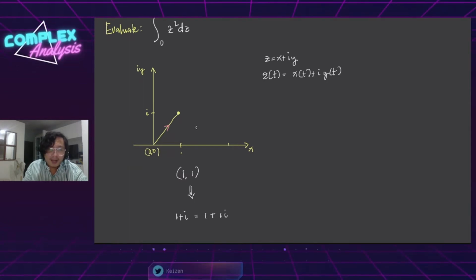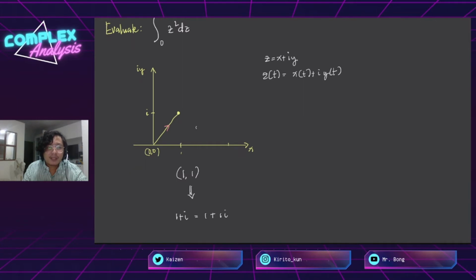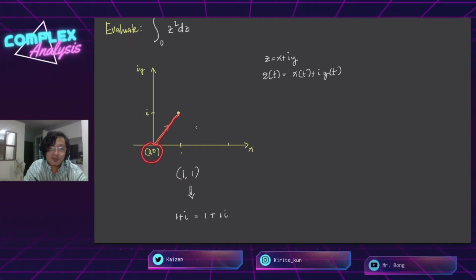Well, we just have a straight line that goes from 0 to 1.